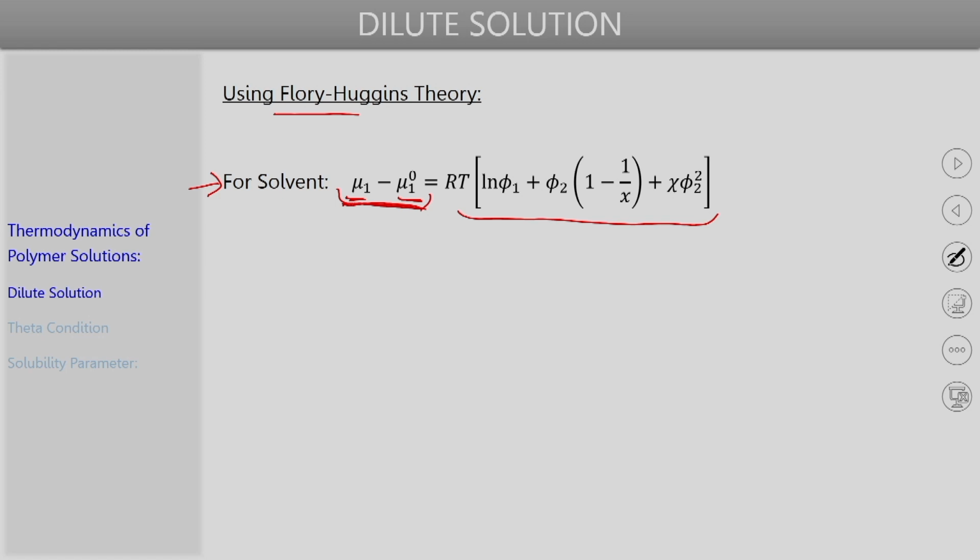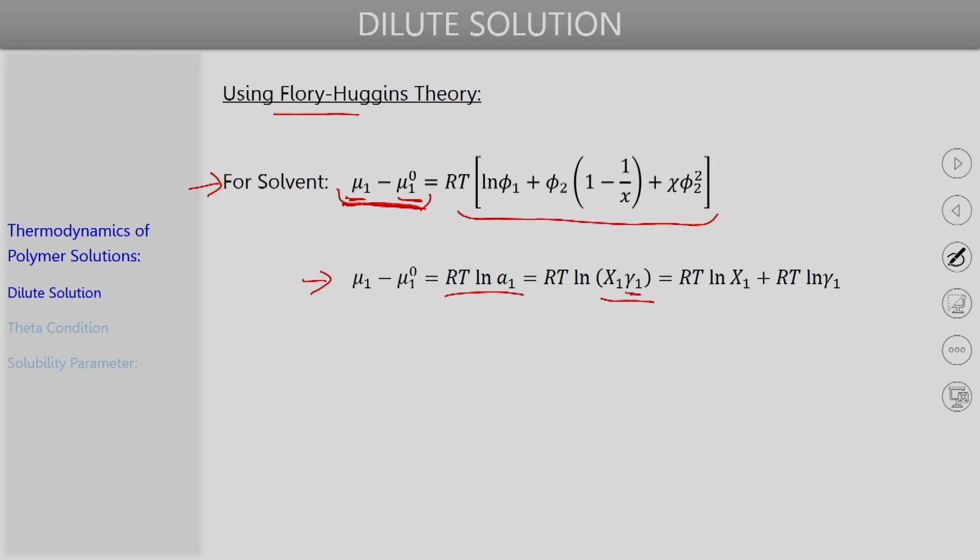Starting off with this expression now, we also discussed in the previous lecture that this relative chemical potential of the solvent, mu 1 minus mu 1 naught, is related to the activity of the solvent through this expression. The relative chemical potential is equal to RT times ln a1, and the activity of the solvent itself can be expressed as a product of the mole fraction of the solvent and what is called the activity coefficient of the solvent, which is represented by gamma 1 here.